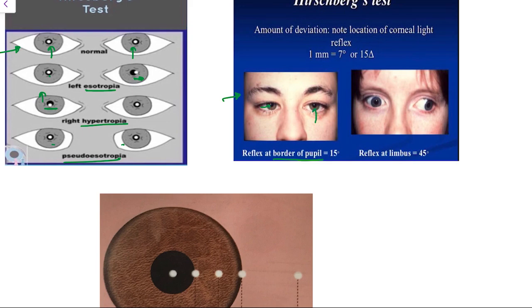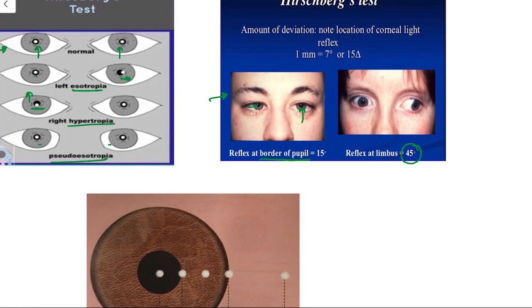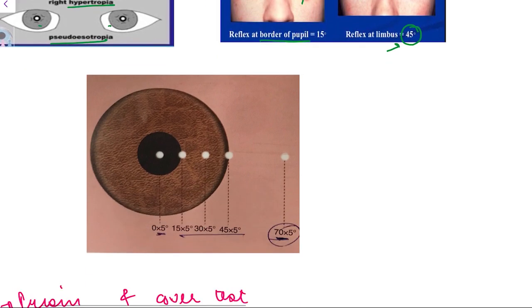In this also the reflex is at the pupillary border, but in this the reflex is at the limbus, although this is very faintly seen in this diagram. You can appreciate that the reflex is here at the limbus.